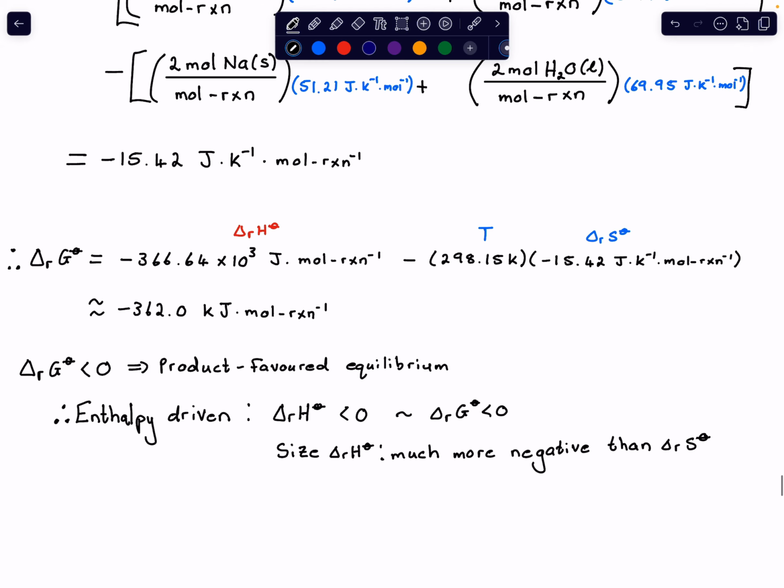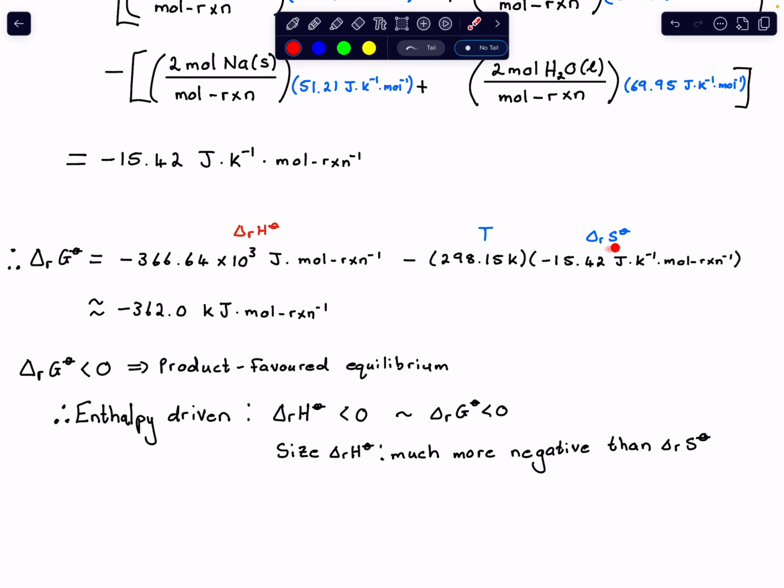So at this temperature, its impact on making this a product favored equilibrium is much larger than the effect of the entropy. If the temperature were to be increased, the entropy would become a bigger factor in making this a reactant favored equilibrium. But at this temperature, the reaction is highly driven to be product favored because of the enthalpy.